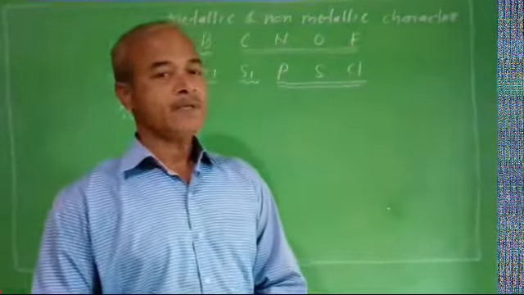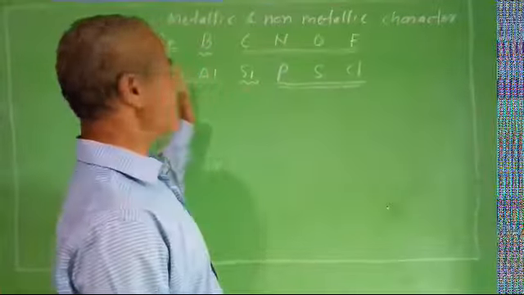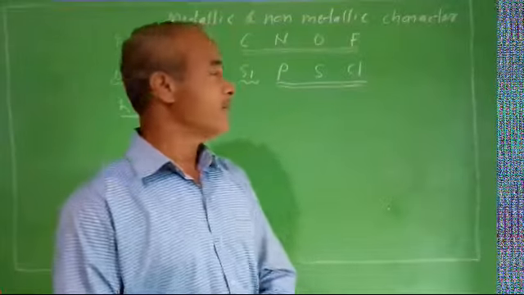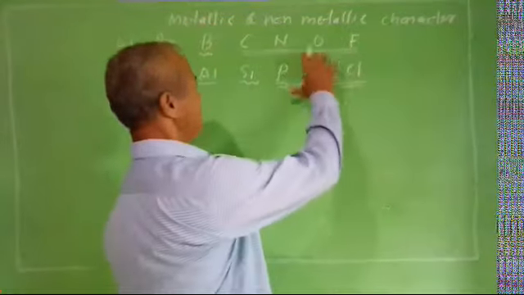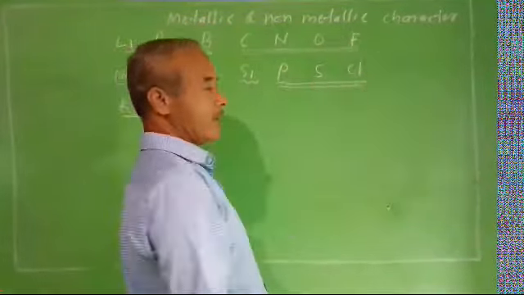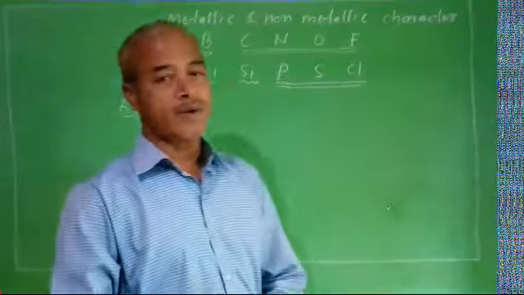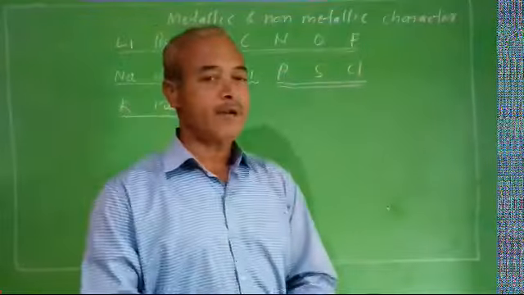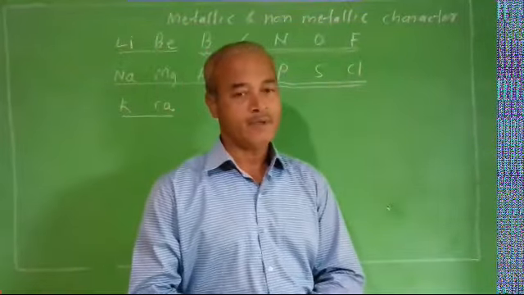So we see the elements on the left side of the modern periodic table are metals, whereas the elements on the right side of the periodic table are non-metals, and metalloids are in the middle part of the periodic table.